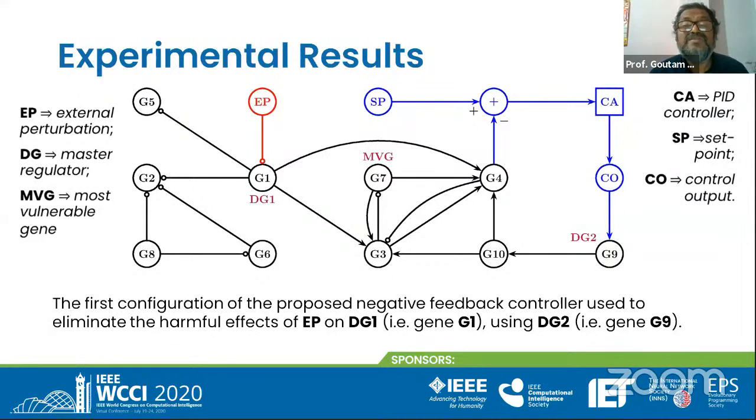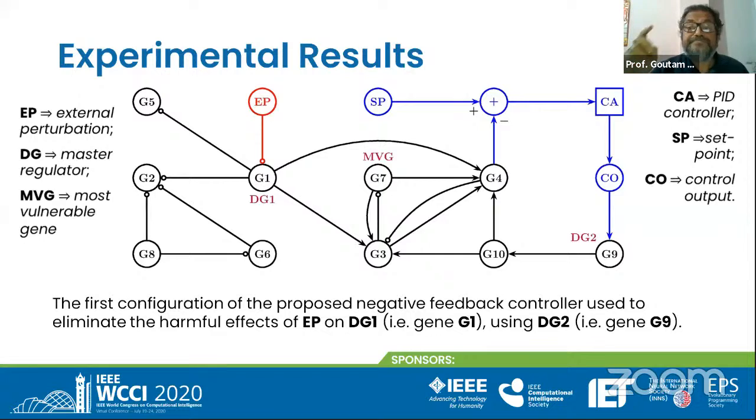SP, look here, SP means what? Set point. Which set point? G7's original expression value. Normal expression value of G7 is SP, right?